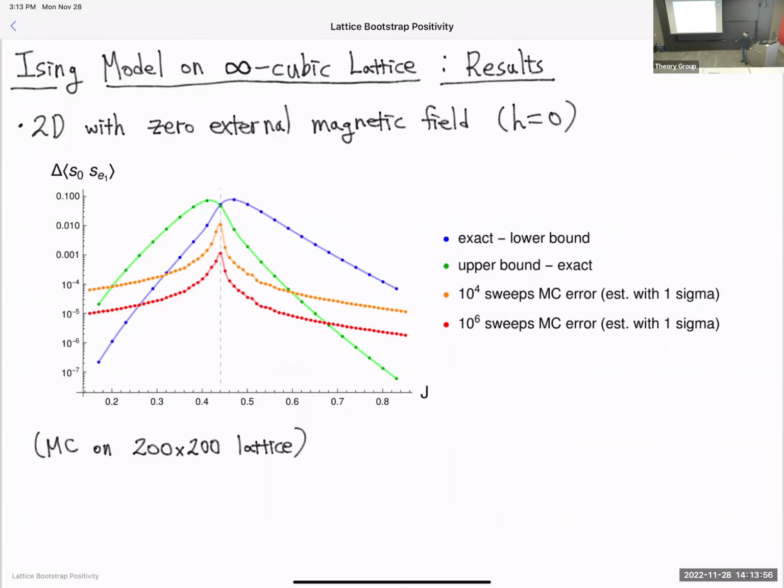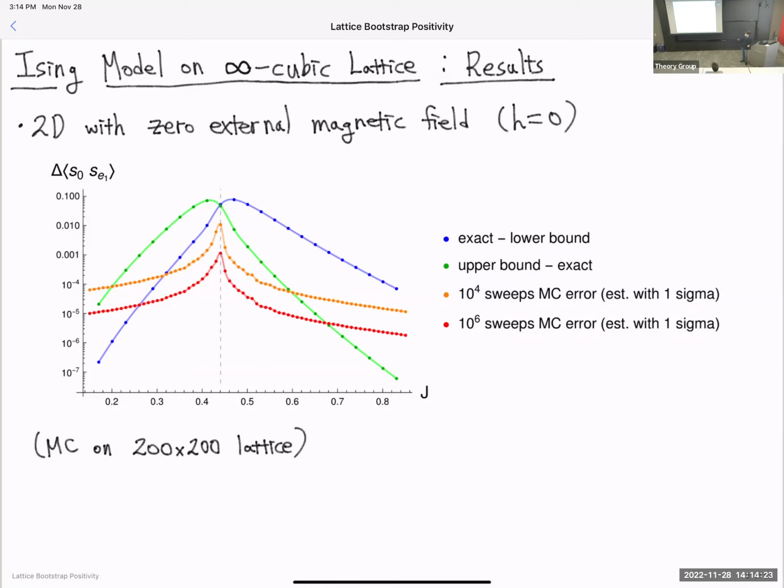So let's compare with another approach to this type of model, which is Monte Carlo. Here we are using the good old Metropolis algorithm. The y-axis is a discrepancy between either the exact value and the upper or lower bound, or the size of the 1 sigma error bar in the Monte Carlo.